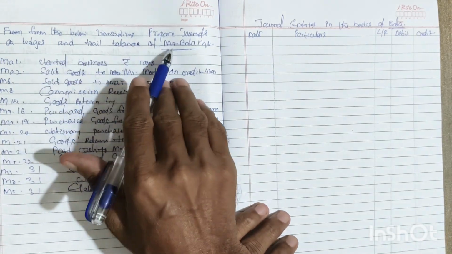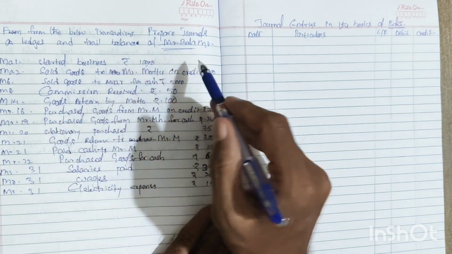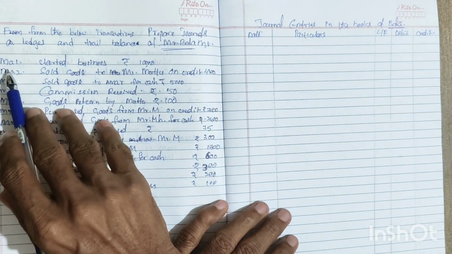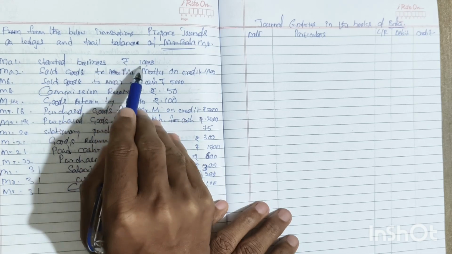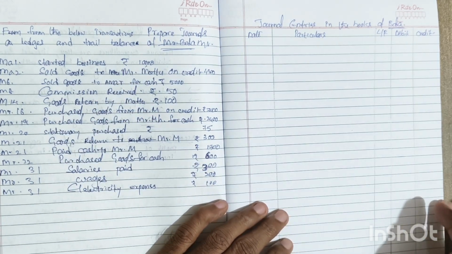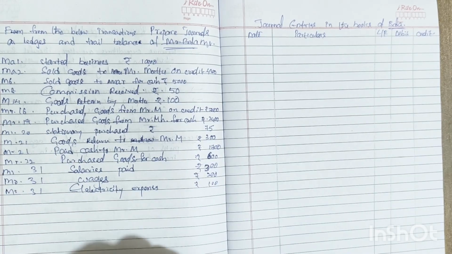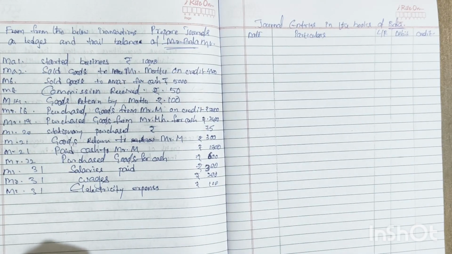From the following transactions, prepare a journal, ledger and trial balance for Mr. X. First transaction, started business with rupees 10,000. When the business is starting, what are the journal entries? First, we need to go back to accounting. What is accounting?